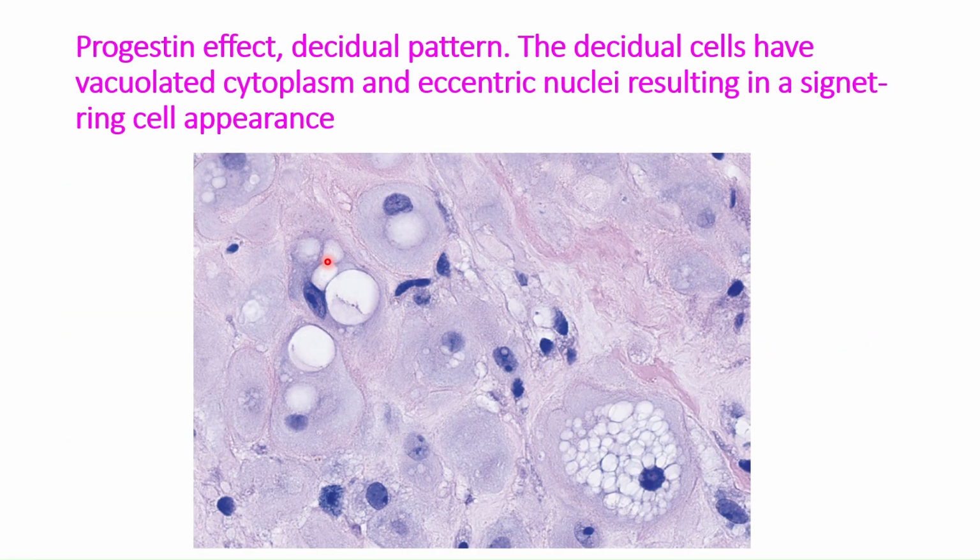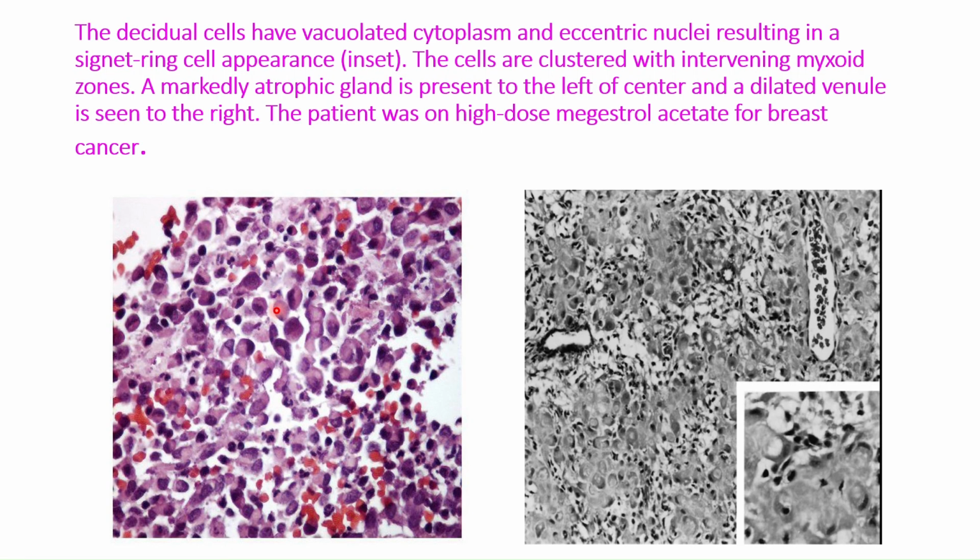So this is vacuolated cytoplasm pushing the nucleus toward the periphery. This is a stromal signet ring appearance, and this is due to progesterone effect, and here we can also appreciate multiple vacuoles in the cytoplasm. So this is a signet ring appearance that can sometimes be seen.